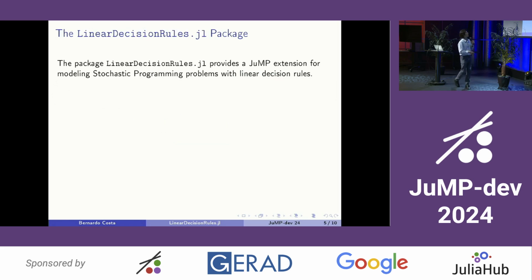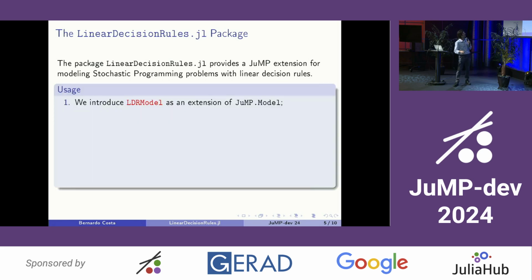And the purpose of our linear decision rules package is to allow for a straightforward formulation of a stochastic optimization problem that will then allow us to get this X matrix out naturally. So it's a JuMP extension. We have introduced this LDR model, which is kind of an extension of the JuMP model.